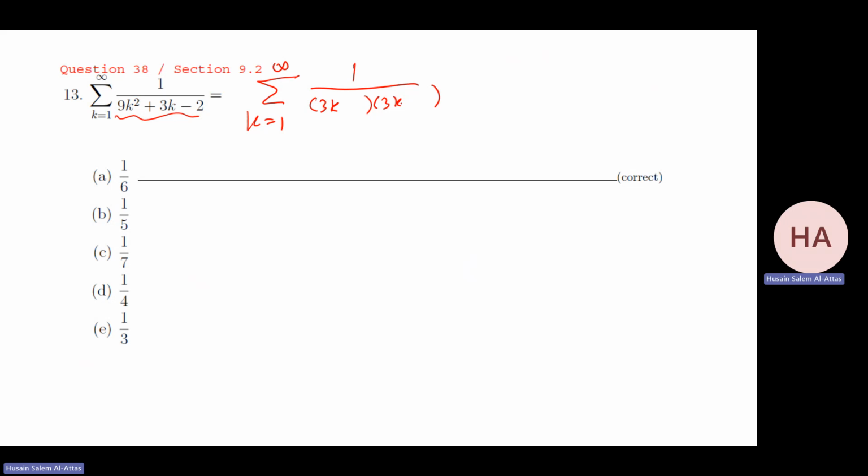So I have plus 2 and minus 1. Am I right? Yes, 6k minus 3k, that will be plus 3k minus 2. Great. Now I need to make it as partial fraction. So I have A over 3k plus 2 minus B over 3k minus 1.